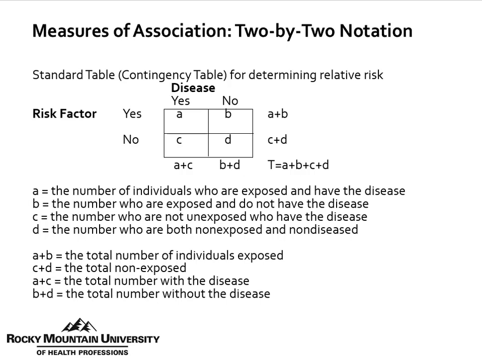When you look at a problem, who do you think is at a greater risk? Is it the person that eats a poor diet? Is it the person that doesn't exercise? Is it the person that has substance abuse disorder? Is it the person that doesn't get sleep? That would be the at-risk or the exposed group.